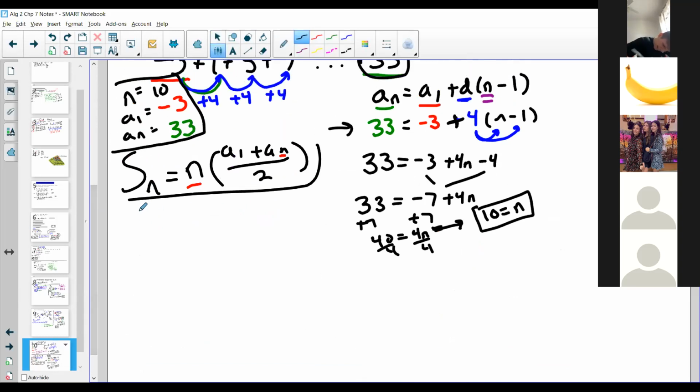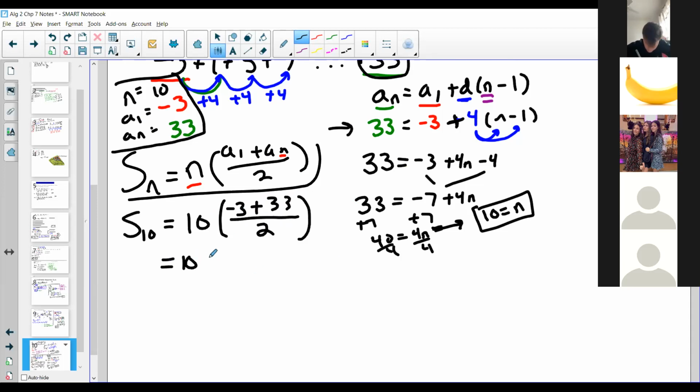I'm just telling you what you're doing. So my S of 10 equals 10 times -3 plus 33, all over 2. -3 plus 33 is 30. Divided by 2, 10 times 15. So this ends up being 150. Okay.